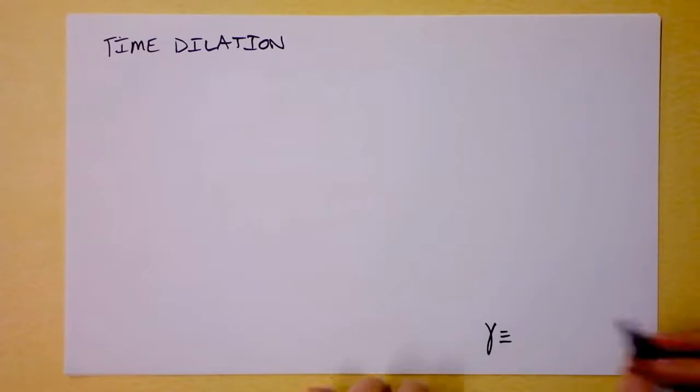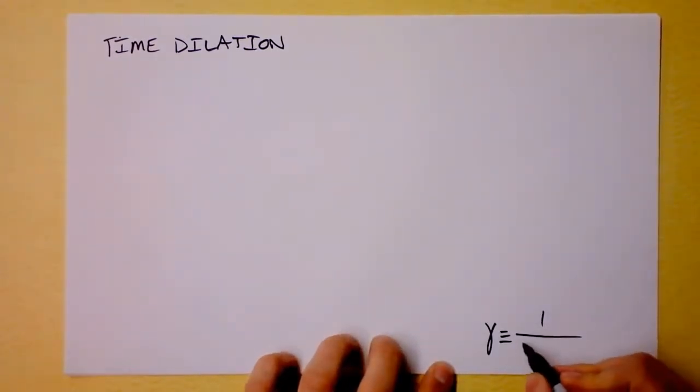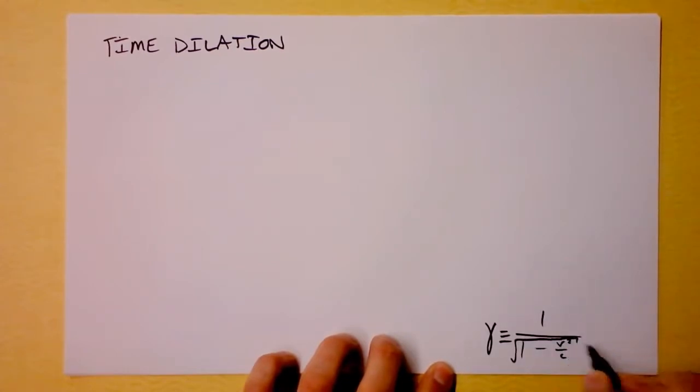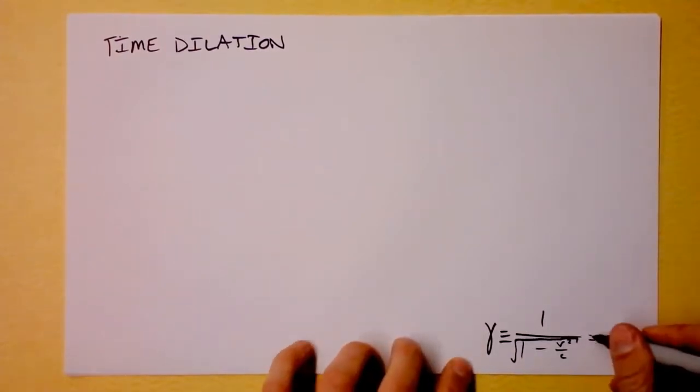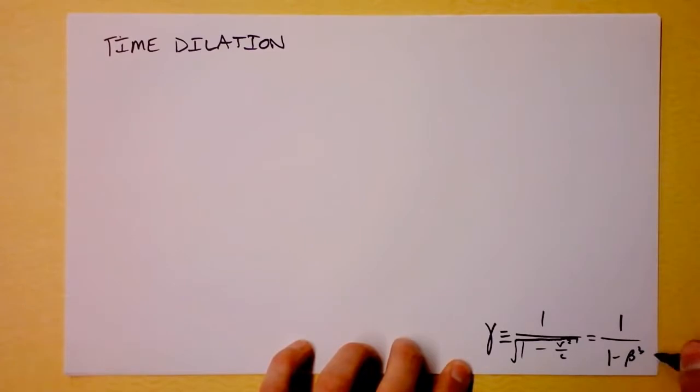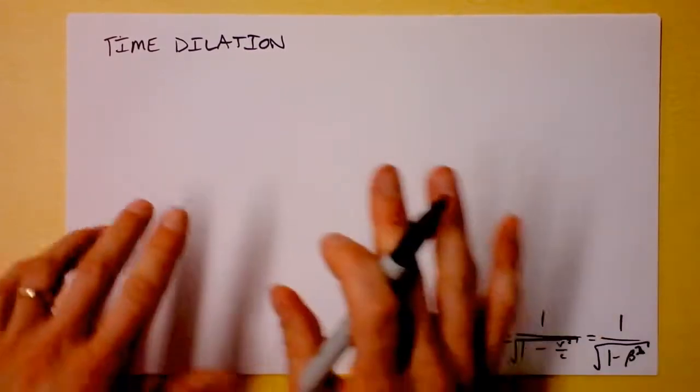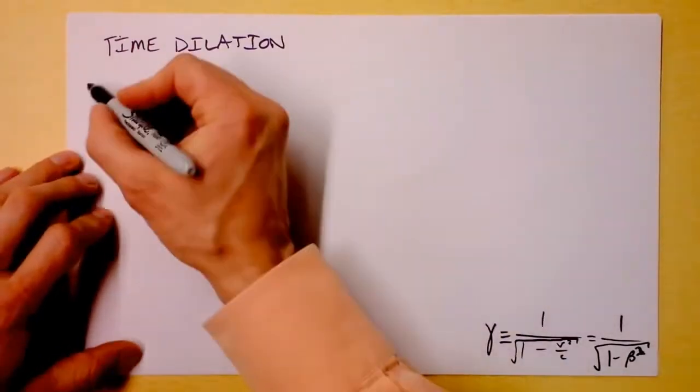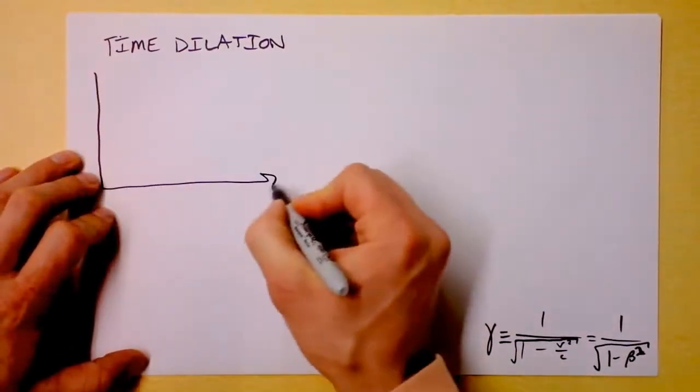Gamma is 1 over the square root of 1 minus v squared over c squared, but the denominator is under a square root. And there's a beta in there. We can write it as beta instead: 1 over the square root of 1 minus beta squared. Okay, so I'm going to draw you a graph of time dilation that I hope will make some sense.